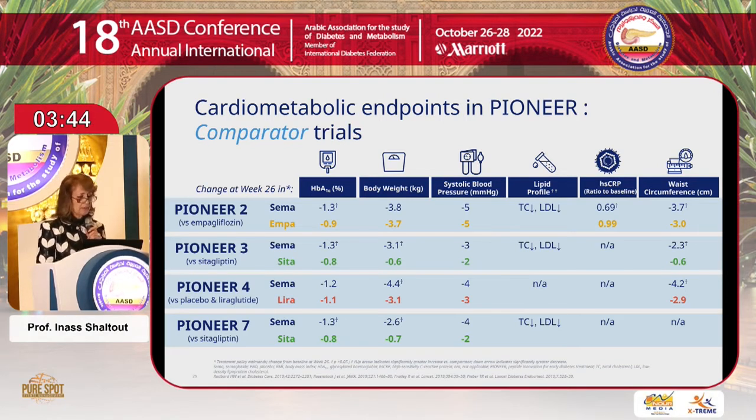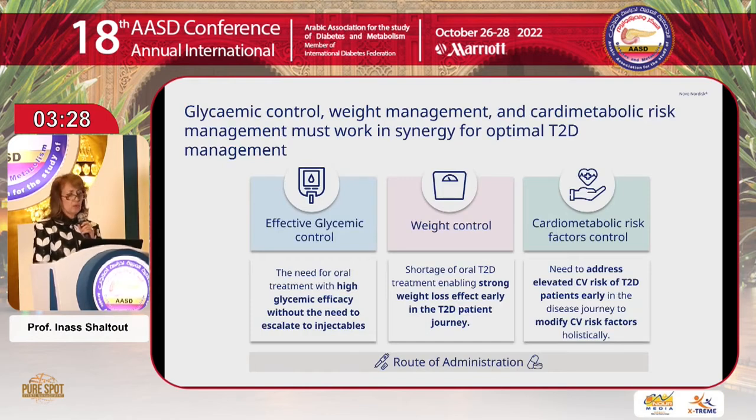In PIONEER 7, semaglutide versus sitagliptin, again, hemoglobin A1C reduction, weight reduction, systolic blood pressure a little bit more, and less total cholesterol and less LDL cholesterol. So we are having better effect on cardiometabolic risk factors.